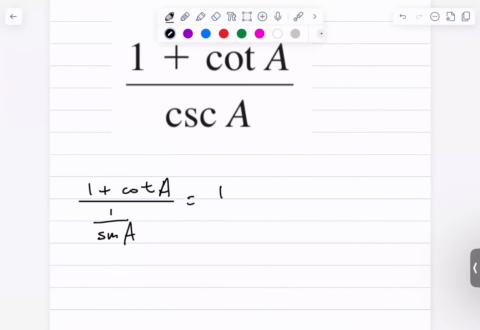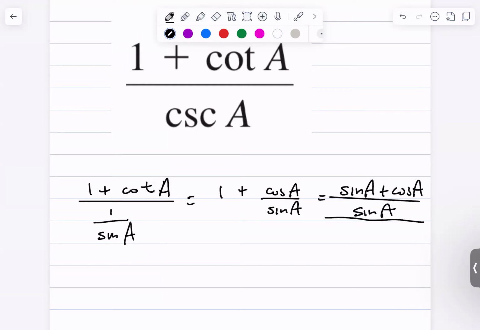So I am going to turn cotangent in terms of cosine and sine. So this would be sine A plus cosine A all over sine A, all over sine A, or 1 over sine A.